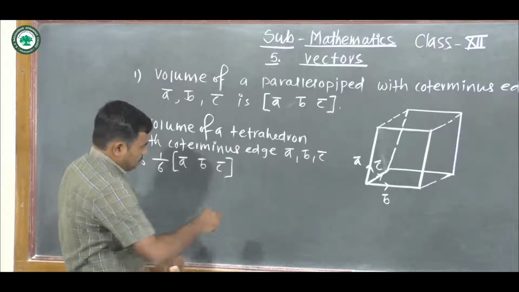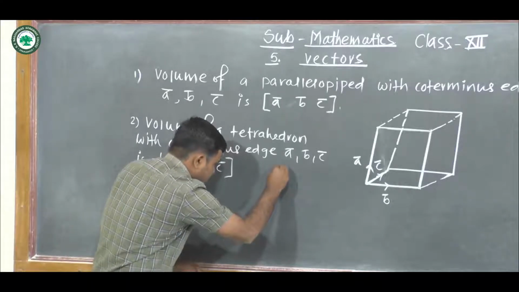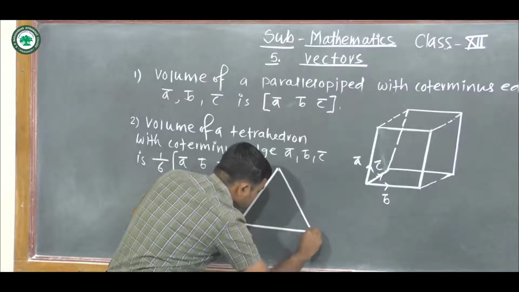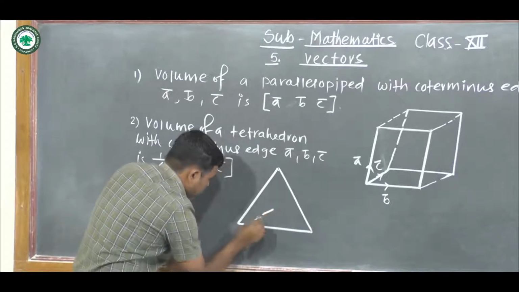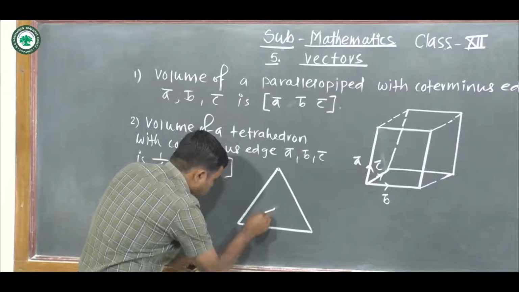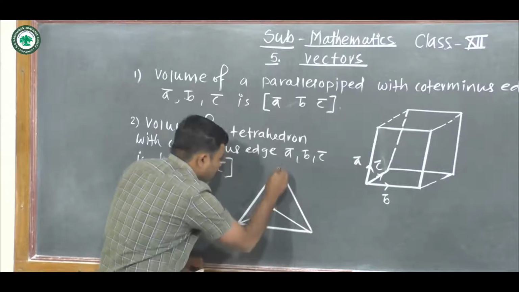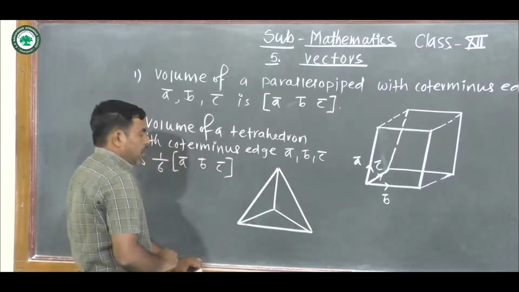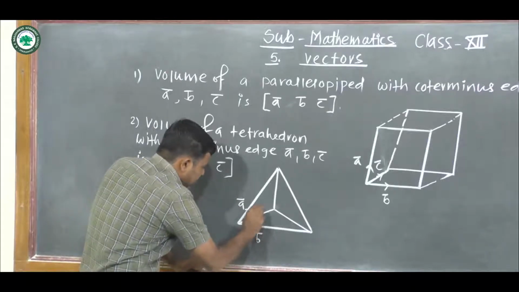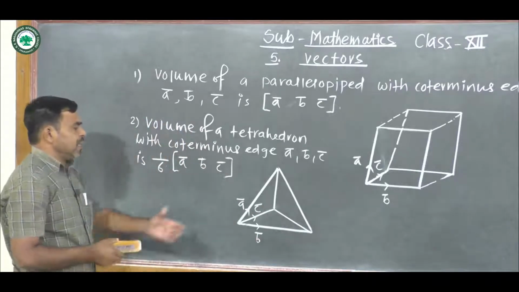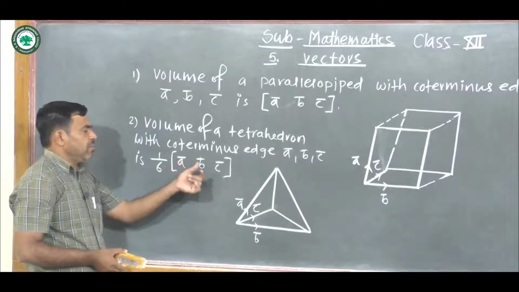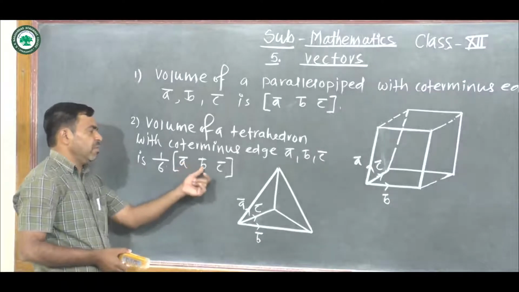And here I will draw the tetrahedron. So here the coterminous edges are A bar, B bar and this one C bar. So the volume of this tetrahedron is 1/6 into the scalar triple product of three vectors A bar, B bar, C bar, or box product of three vectors A bar, B bar, C bar.